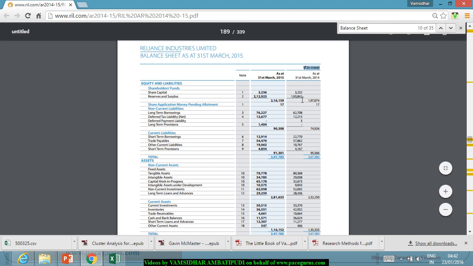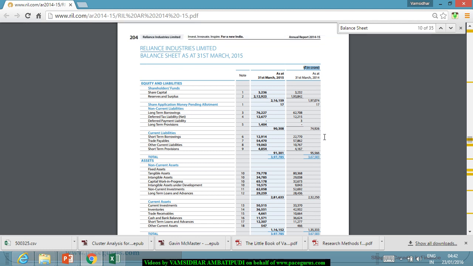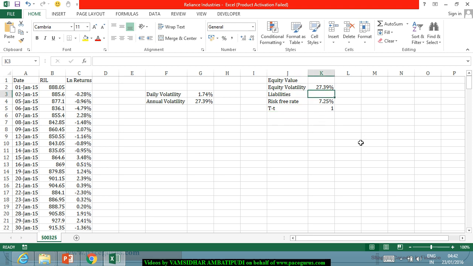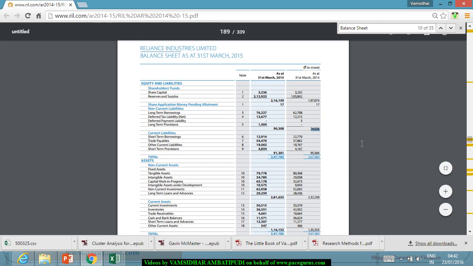This is in crores. This is the current liabilities, and this is the long-term liabilities altogether. So I'm taking the total liabilities as 74,926 plus 95,566, those many crores.